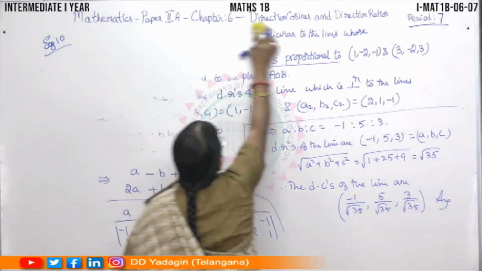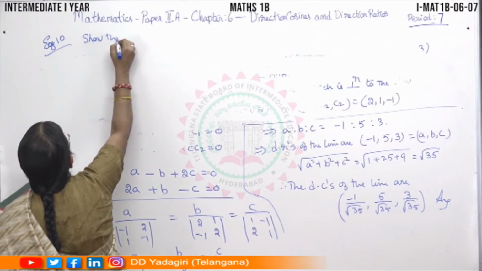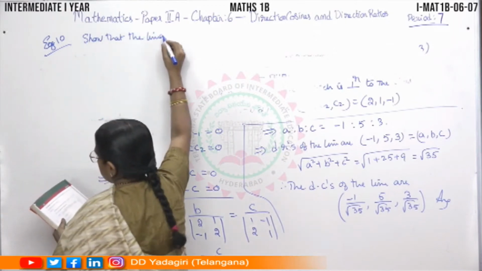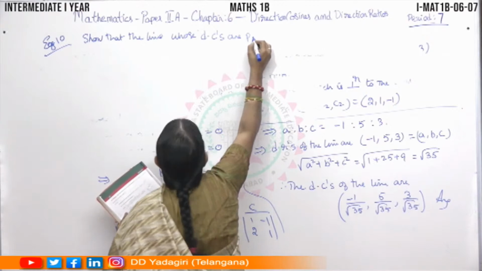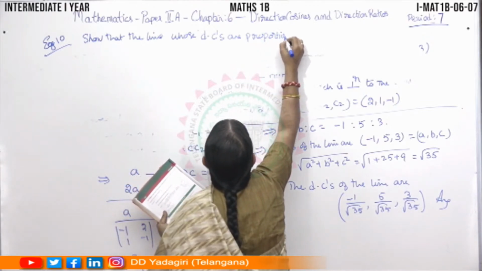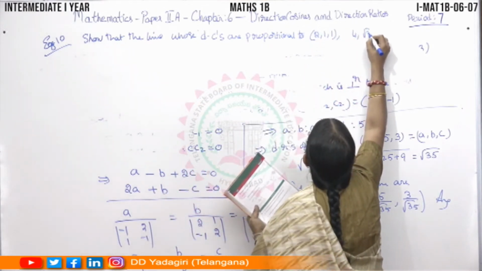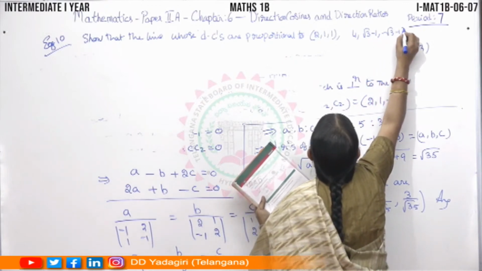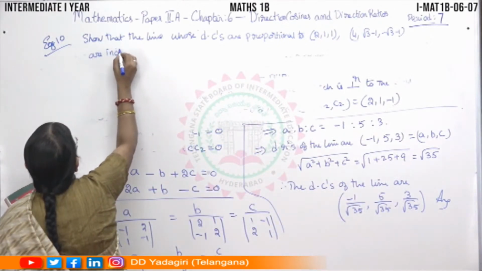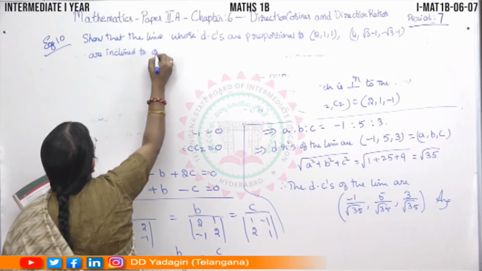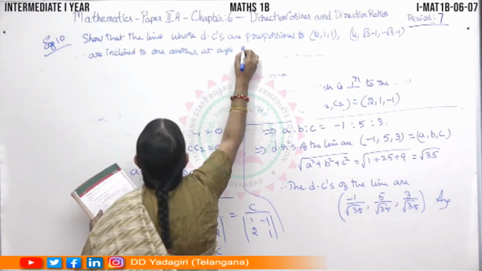Show that the lines whose DCs are proportional to 2, 1, 1 and 4, root 3 minus 1, minus root 3 minus 1 are inclined to one another at an angle of pi by 3.